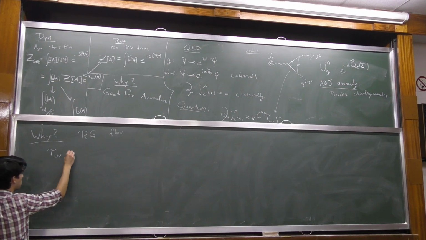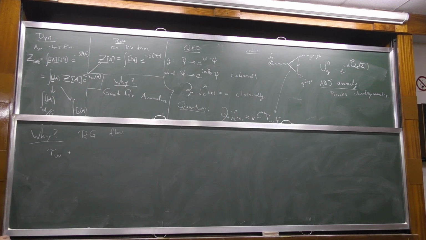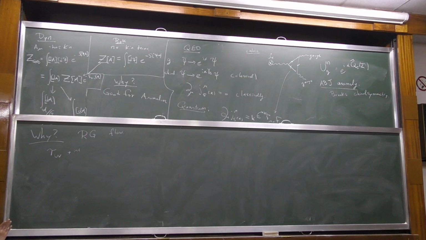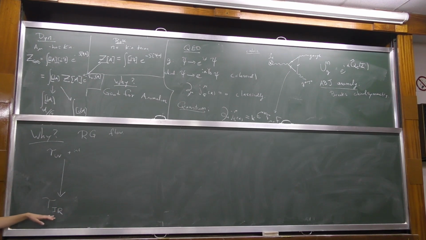Then you add some sort of deformation, some interactions to your theory that has some scale associated to it. And then you look at what happens at the very long distance, or the low energies. It can be that the long distance behavior is different from the short distance behavior. The way you go from this UV description to this IR description is called the renormalization group flow.